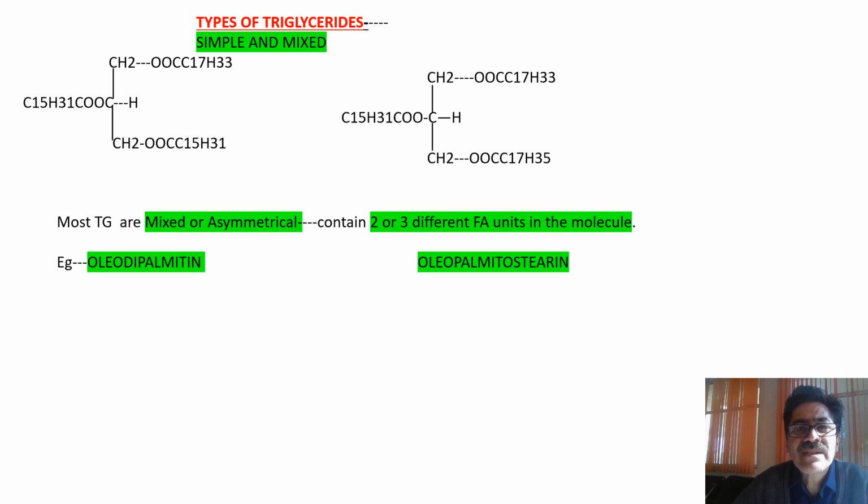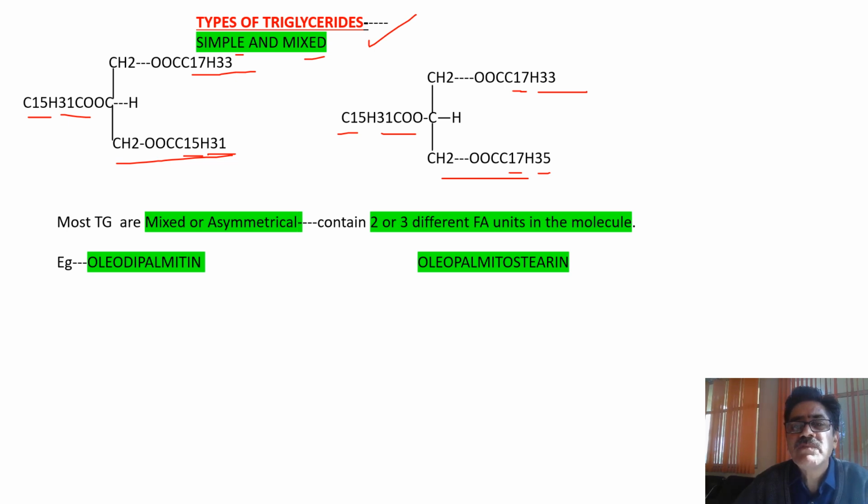Now triglycerides can be of two types. One would be simple, other would be mixed. So these are two mixed triglycerides. What we find here, the three fatty acid molecules are dissimilar. Here C17H33, here C15H31, here again C15H31. Again here C17H33, C15H31, C17H35.